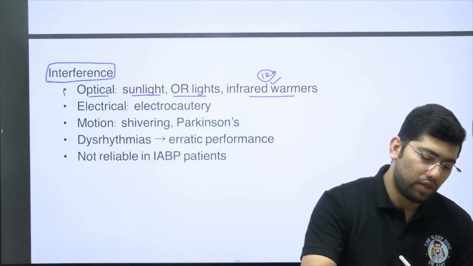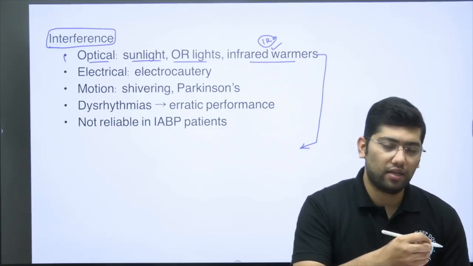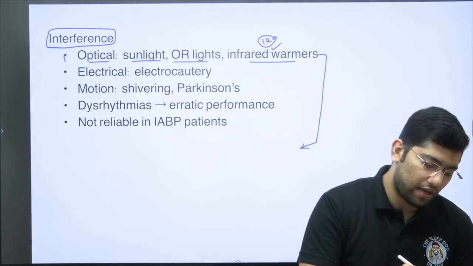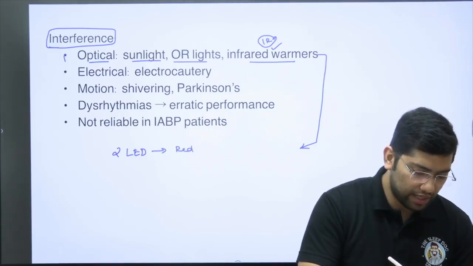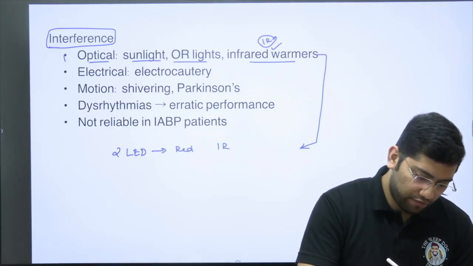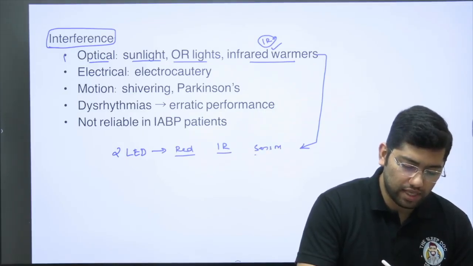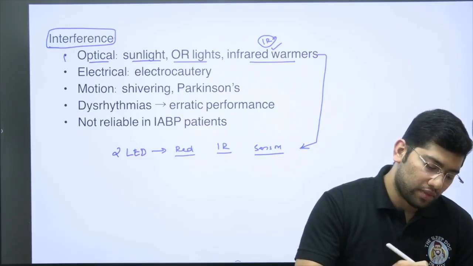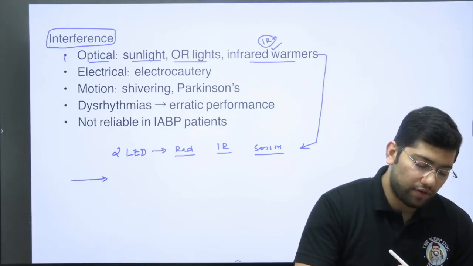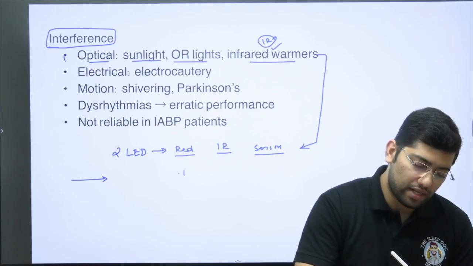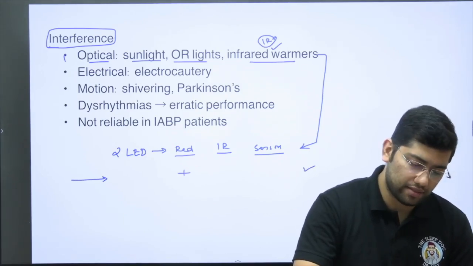Now, to deal with this, a method was developed by pulse oximeter companies. We have two LED lights, one red light and another infrared light, and then we have sensors for the same. To tackle this optical interference, first the pulse oximeter shines the red light alone and the sensor detects.